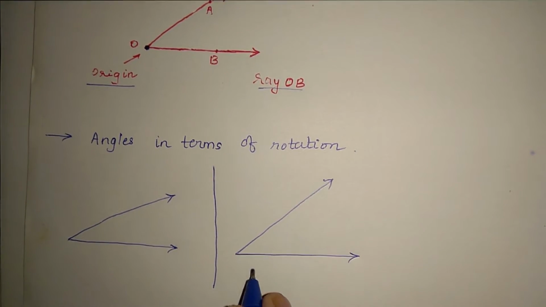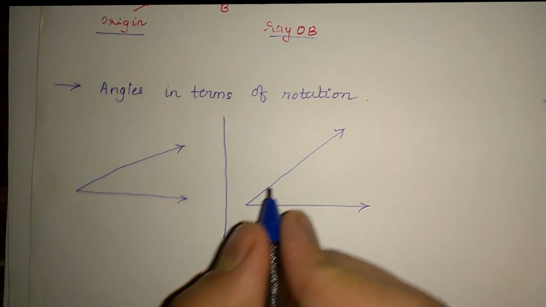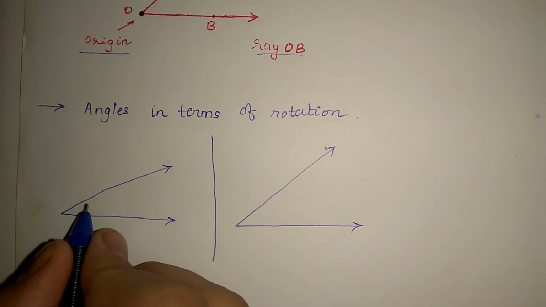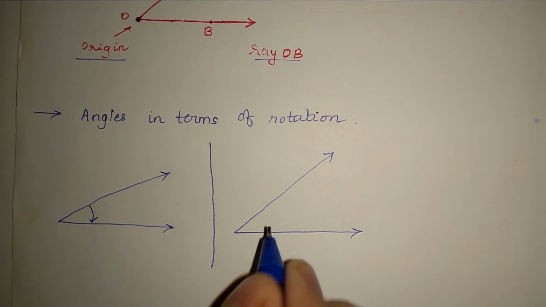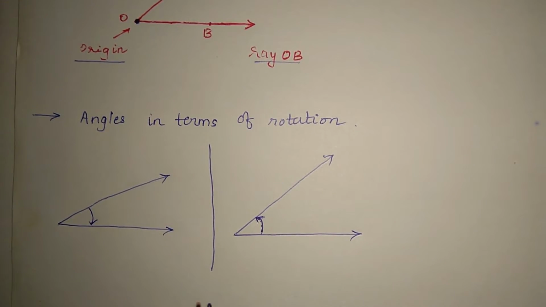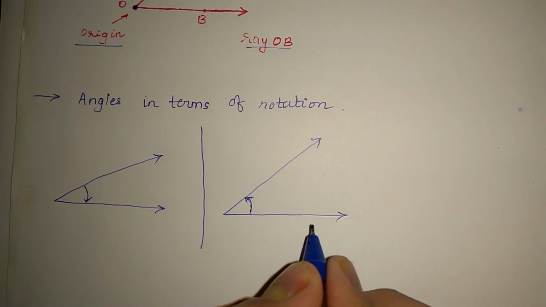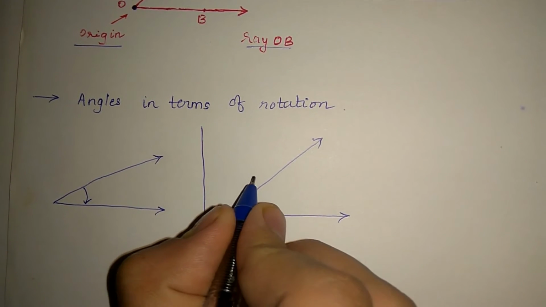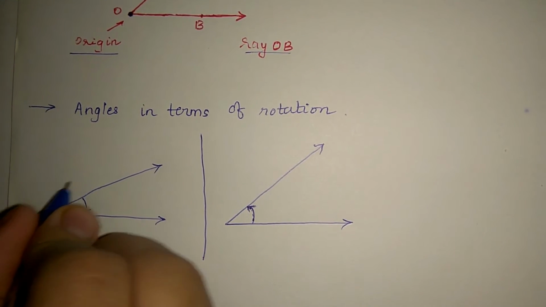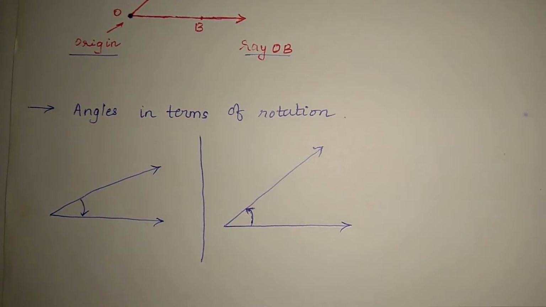There can be starting from this ray and then movement towards this ray, or they can be starting from this ray and movement towards this ray, like this and like this. So we can say that this is the initial position and this is the terminal position. In this case, this will be the initial position and this will be the terminal position.